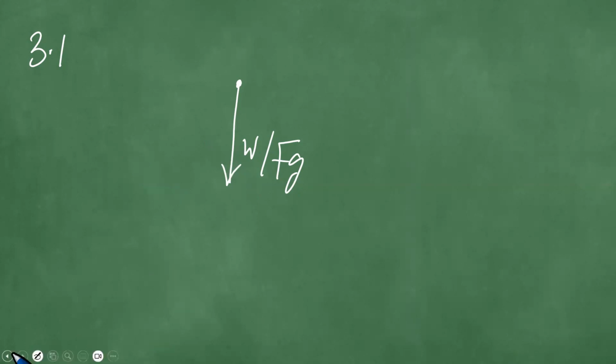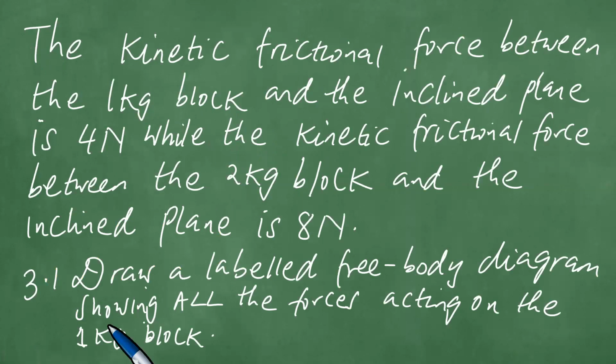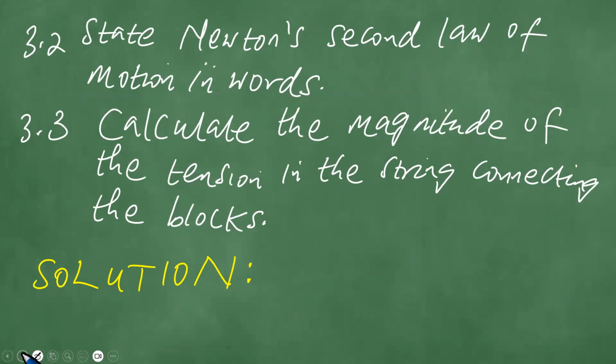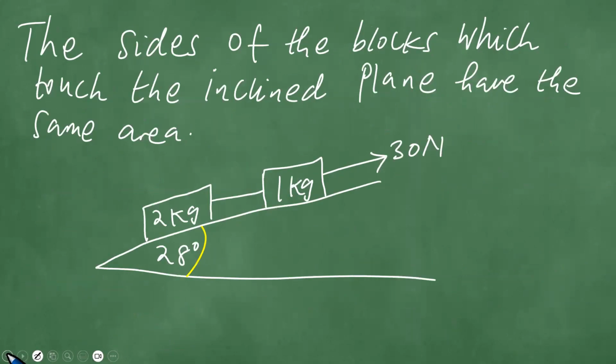Drawing the free body diagram showing all the forces acting on the 1 kg block, obviously, if you look carefully here, the 1 kg block is ahead. So it has an applied force, it has the force of friction, but there's also tension.